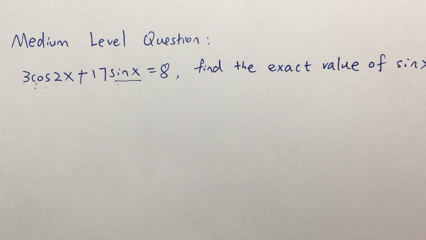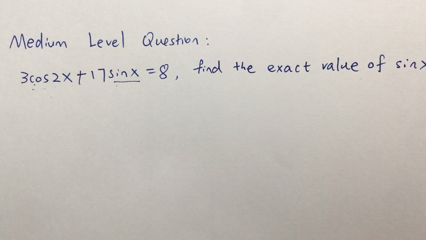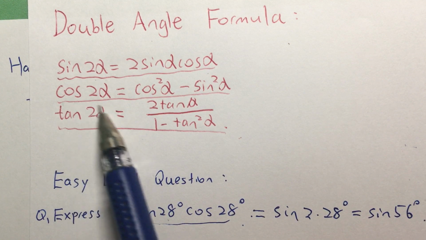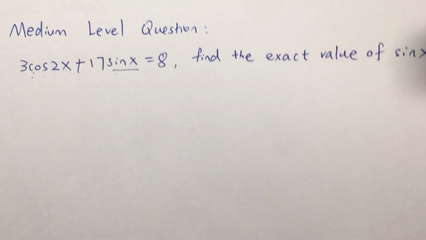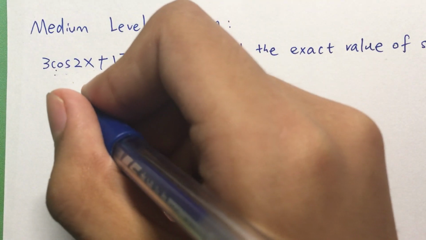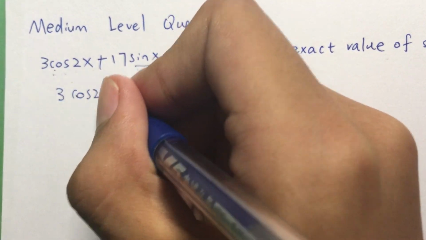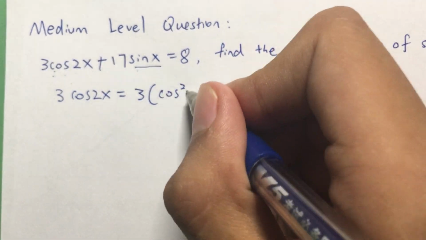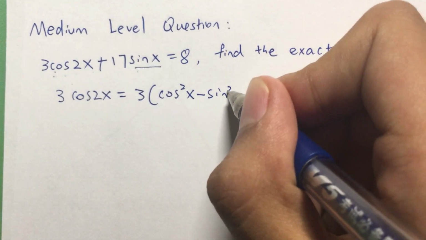So how do we do this? We can use our double angle formula again, cosine 2 alpha. Let's expand 3 cosine 2x into 3 bracket cosine squared x minus sine squared x.